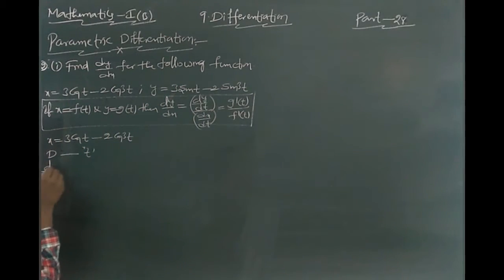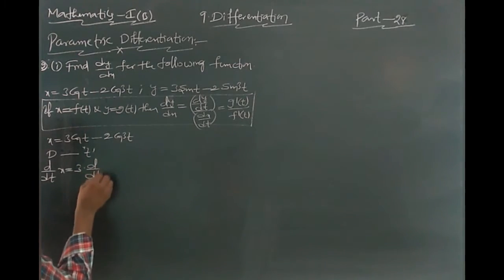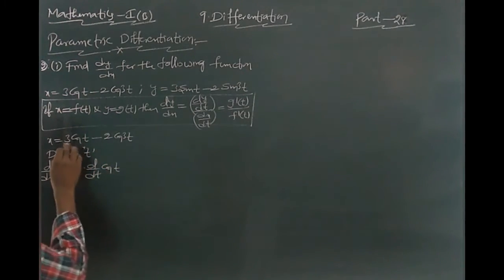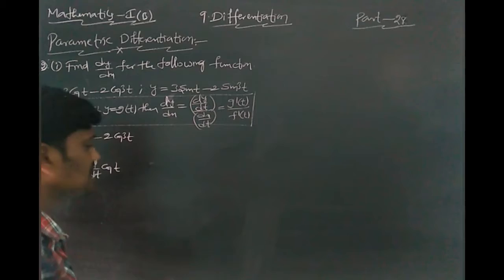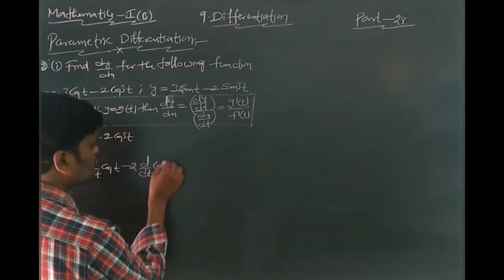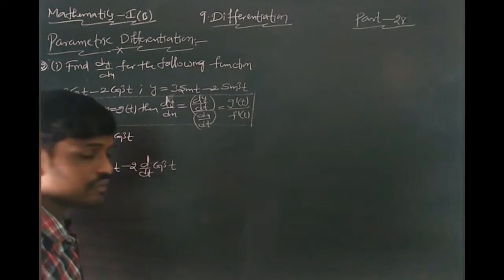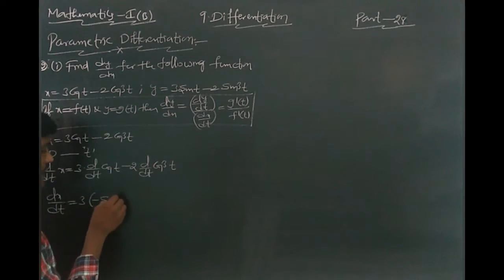That's why you write d by dt of x is equal to 3 into d by dt of cos t. Here 3 is a constant common, cos t derivative, minus 2 common, d by dt of cos cube t. After that dx by dt equals 3 into cos t derivative, which is minus sin t.